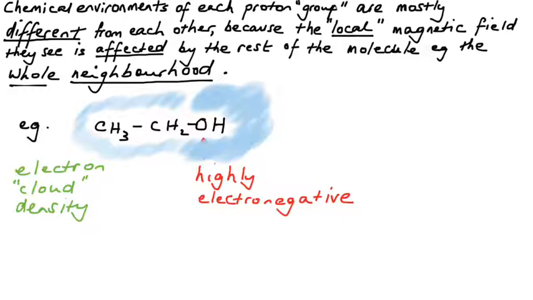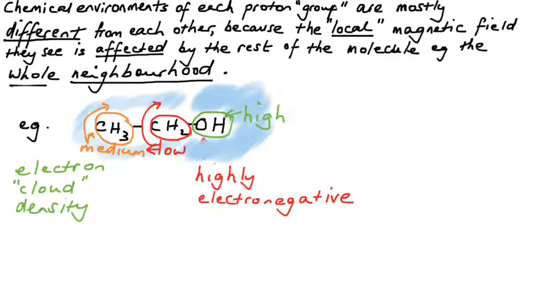They haven't got many electrons around there because the oxygen is so ravenous and greedy for electrons, okay? So that's got a high electron density around there, and that's got a low electron density around there, and this one has got a medium, because the lower one's the most exposed to that greedy oxygen, that middle ethylene, CH2 group.